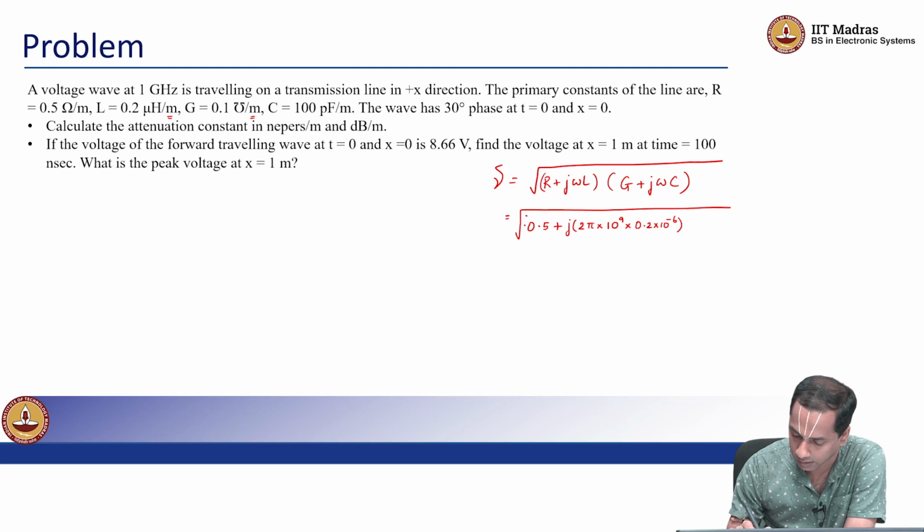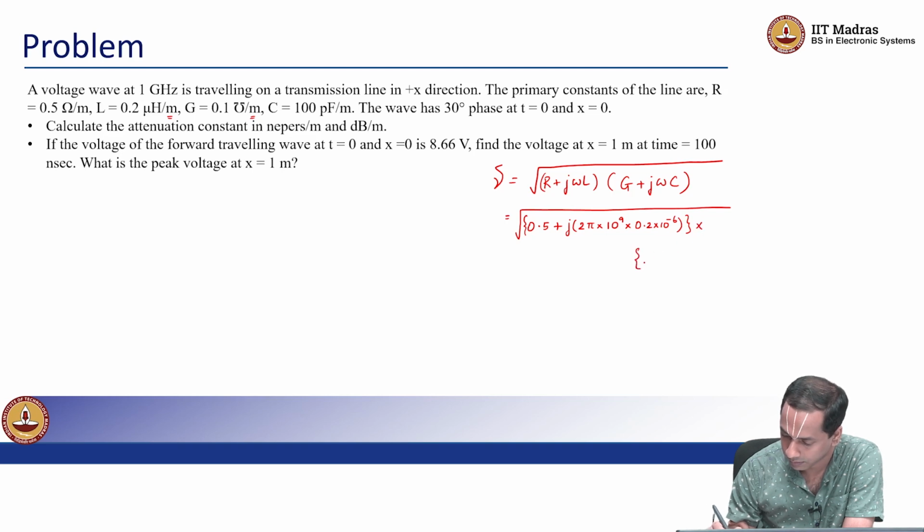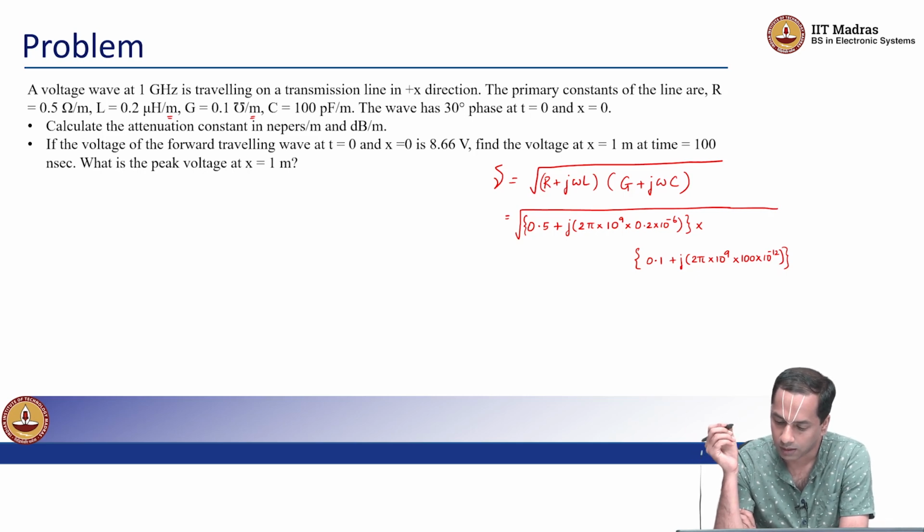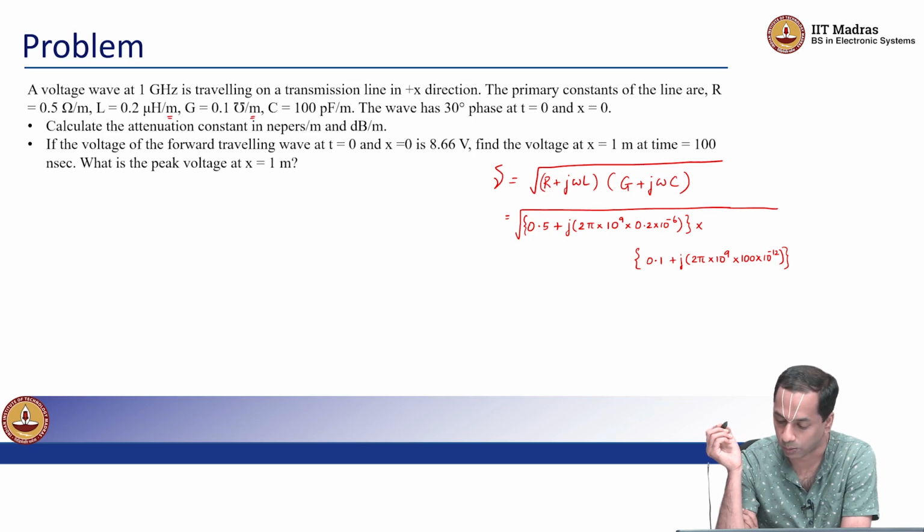This is multiplied by G plus j omega C, which is 100 pico, 100 into 10 to the minus 12. Remember all of this is under square root. So I have a complex number R plus j omega L multiplied by another complex number G plus j omega C.